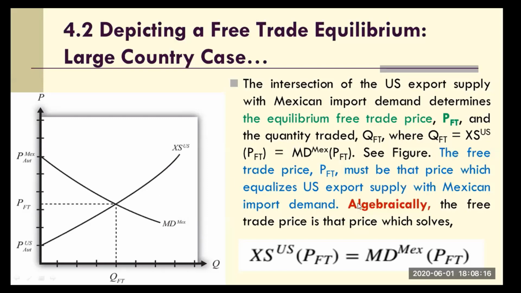So to see this algebraically, export supply of the US at PFT must equal import demand of Mexicans at the free trade price, mathematically. So here they can agree and make a free trade between two countries.